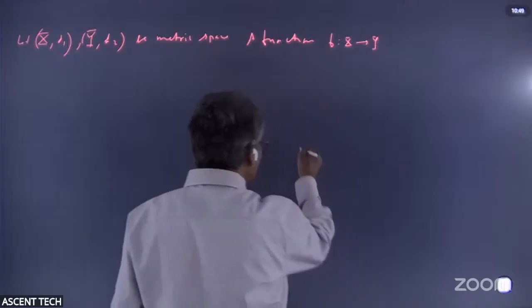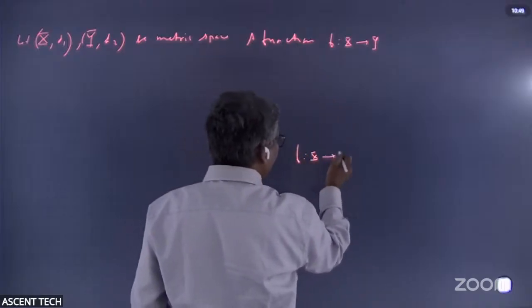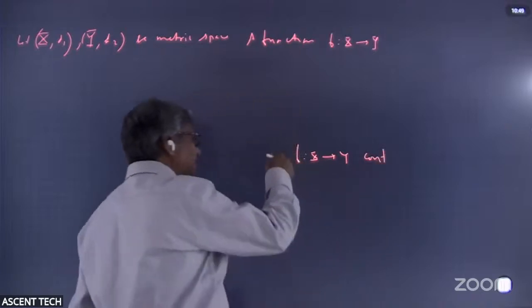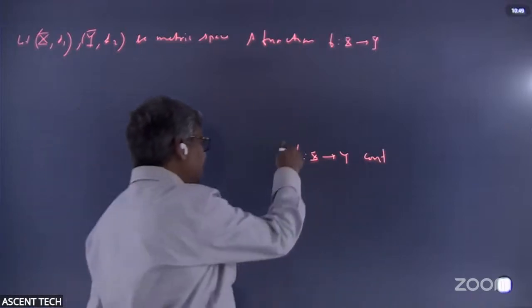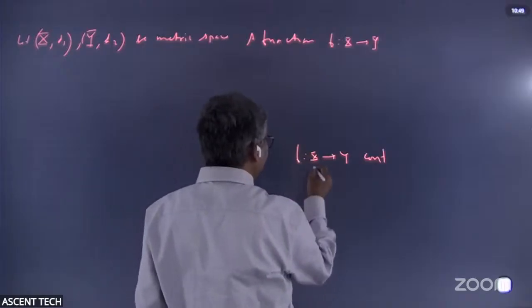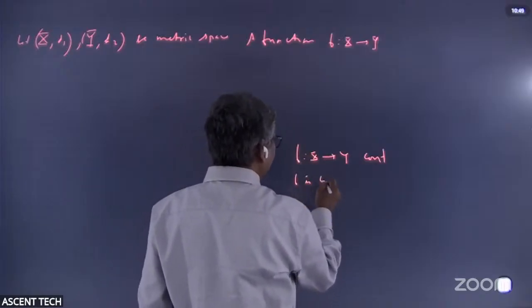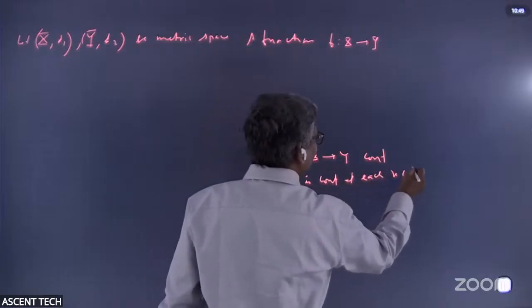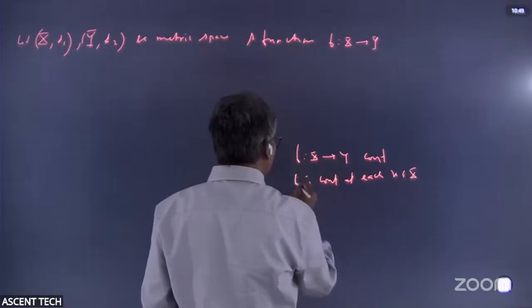If f from X to Y is continuous, what does that mean? Continuous means continuous at every point. So f is continuous at each x in X. What do you mean by continuous at x?